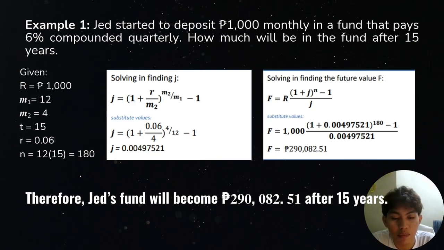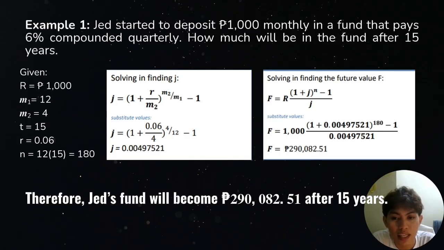Next is the m sub 2, or the length of the compounding period of the annuity. Since the interest rate of 6% is compounded quarterly, it is only compounding 4 times in a year. Therefore, our m sub 2 is equal to 4.